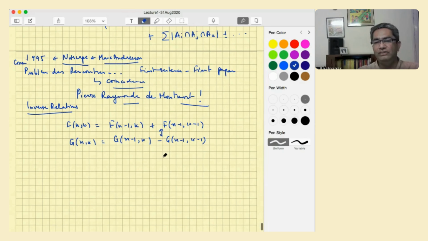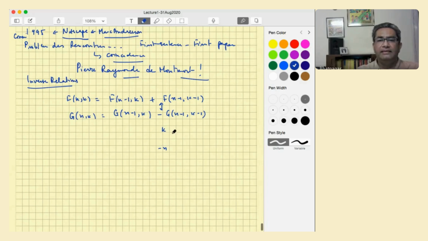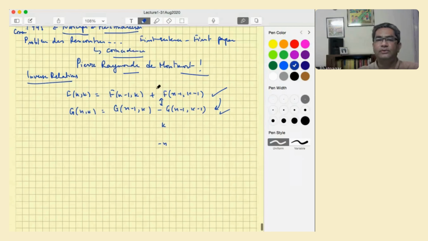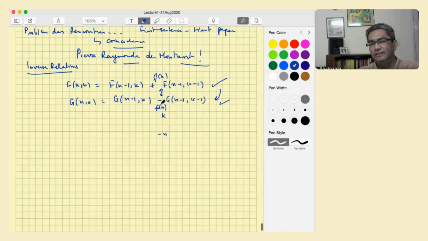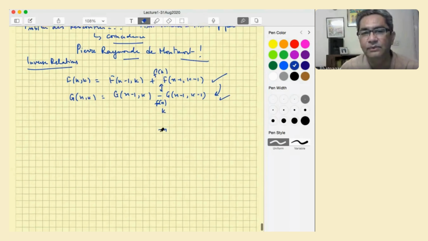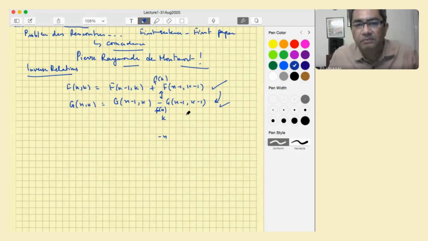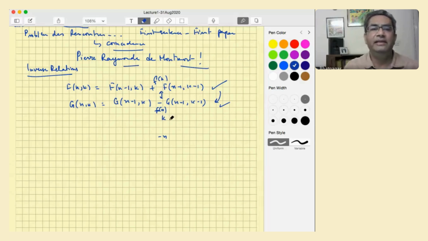Same with Stirling numbers, where there was a k here and an n here. My advisors had a theorem which said that if you know a recurrence of this type, then you can predict the recurrence of this type. So if you had an fk here, then there'll be an fn here or something like that. That was what the paper was. This worked for Stirling numbers and every inverse relation. So we had a characterization.